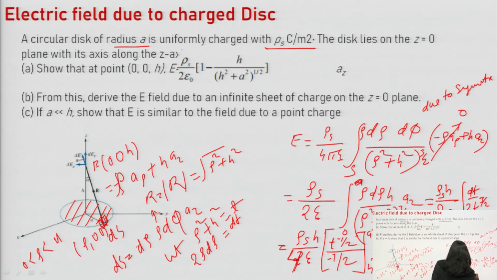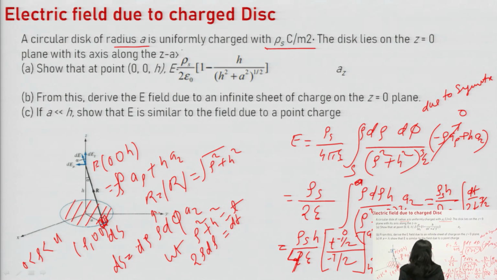Now if we simplify it, it will give rho s h by 2 epsilon. We have taken this 2 outside, then it will be minus, because here minus is there. Now we are left with this term, so it will give 1 by root under a square plus h square minus 1 by root under h square.